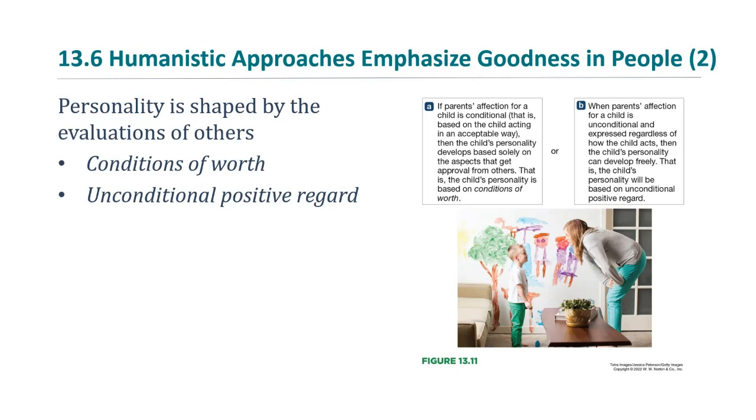However, if a child is raised with unconditional positive regard, which is basically unconditional love, then the child's personality can develop freely without conditions of worth. This has been one of the driving forces of my parenting with my daughter, to provide unconditional positive love throughout her life, so that she never feels that she has to meet expectations or anything like that.